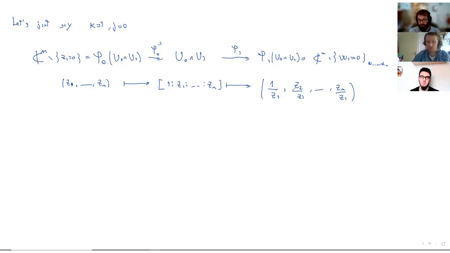And is it holomorphic? Well, it is because these are simply rational functions and Z1 is different than 0. So we're good. These are biholomorphisms, and this proves, in fact, that CPn with this specific atlas is a complex manifold.